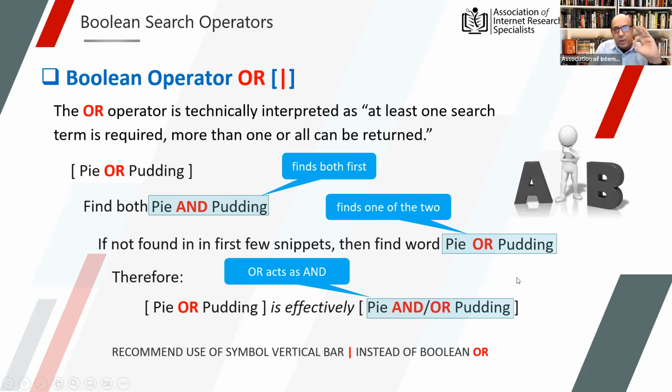So that's what OR is going to do, right? And you can always substitute it with the vertical bar. I usually prefer notations or symbols versus writing it in words, especially for Boolean operators. So I use symbols like a vertical bar for OR.